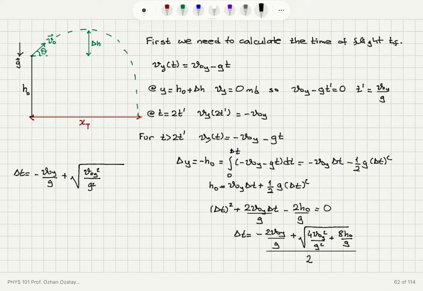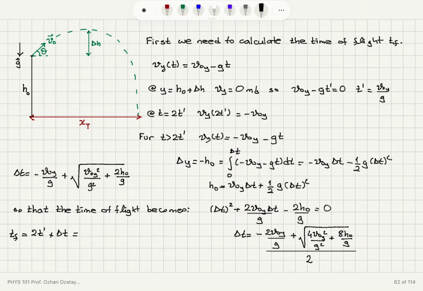So inside the square root it becomes plus 2h0 over g. So with that, the time of flight will become 2t prime, the initial time to reach the maximum height and to reach the level where I have thrown it, and delta t, the additional time required to reach the ground level.